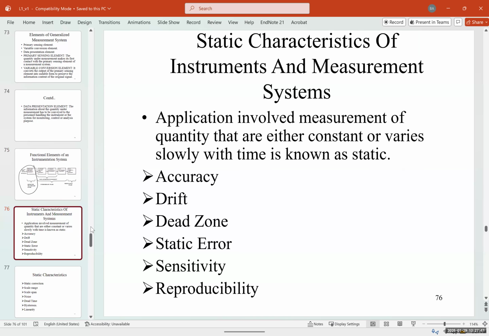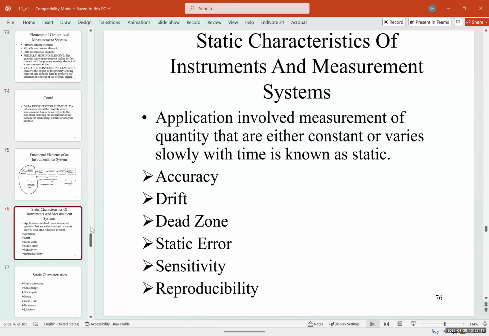Now, some static characteristics of instruments and measurement systems. Applications involving measurements of quantities that are either constant or vary slowly with time are known as static. And then for the characteristics, we have accuracy, which is important, drift, dead zone, static error, sensitivity, and reproducibility of the system.